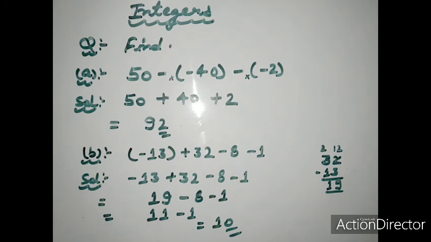Now students, you also try to solve this type of question from exercise number 6.3 by yourself. And there is one important question related to integers from exercise number 6.1, question number 5, right? You also try to solve this type of question by yourself.